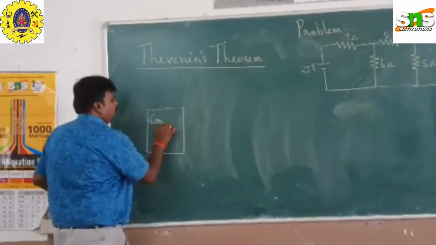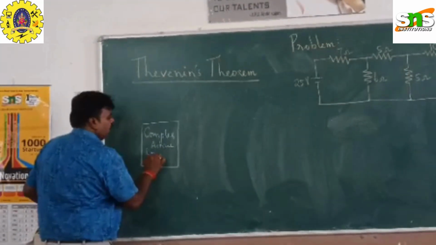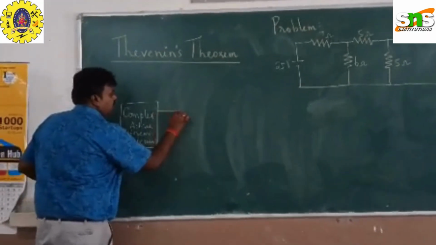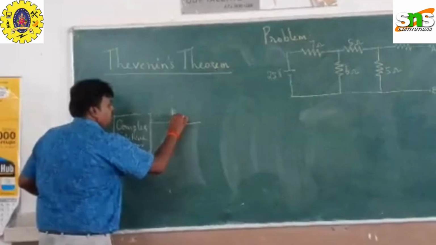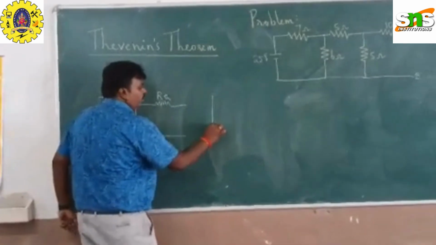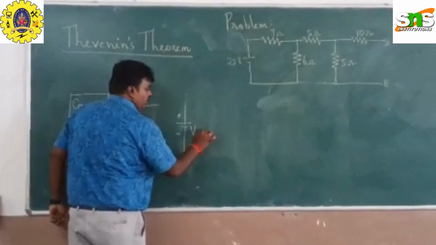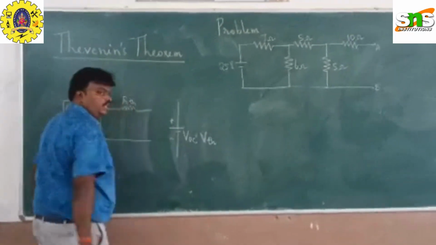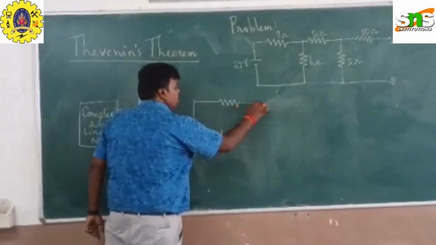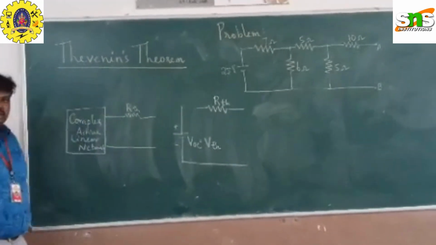This is a complex active linear network, which can be redrawn as a voltage source, taken as VOC, which is equal to VTH, that is Thevenin's voltage or open circuit voltage, in series with a resistance called RTH. RTH is nothing but Thevenin's resistance.